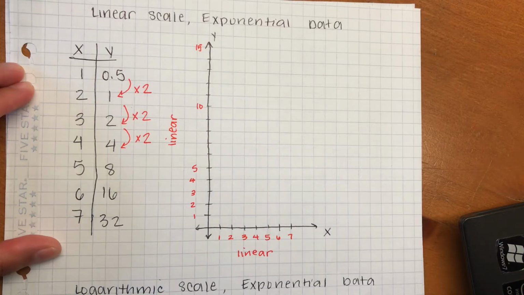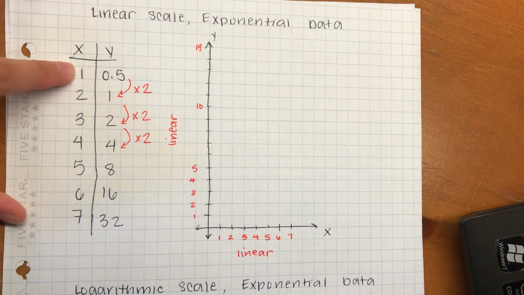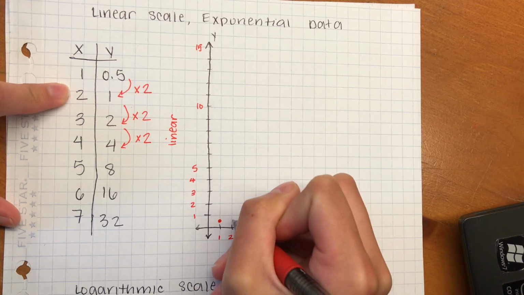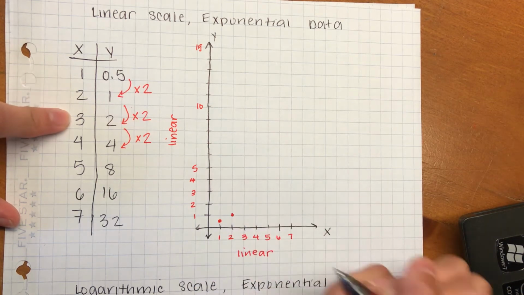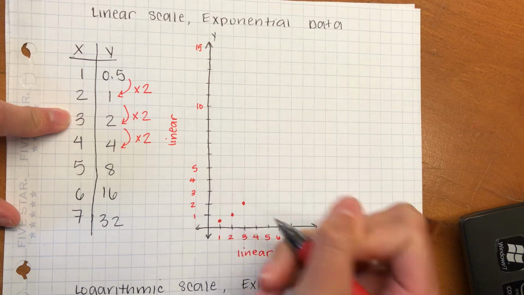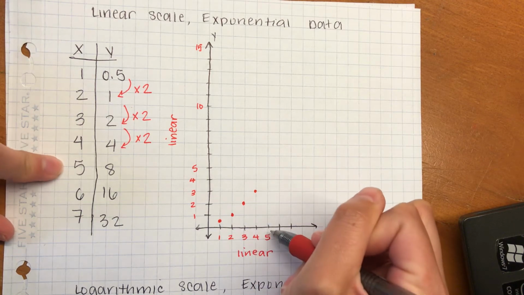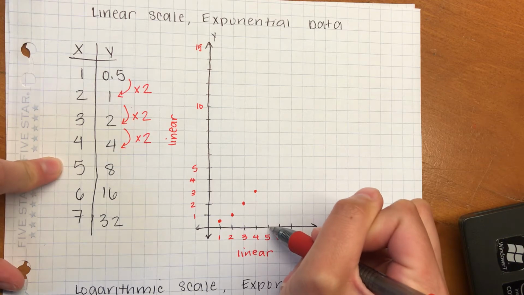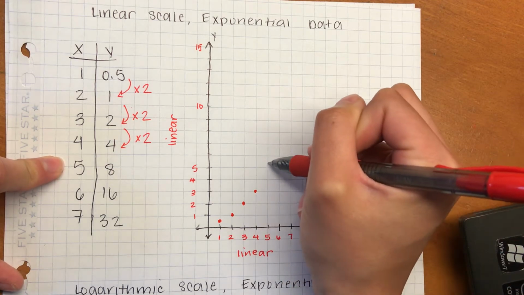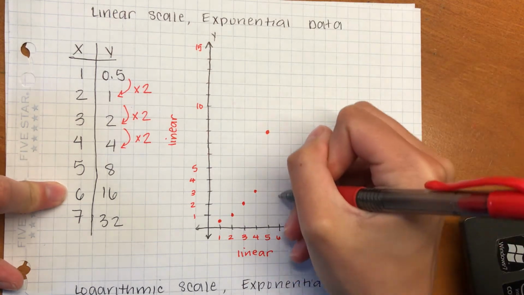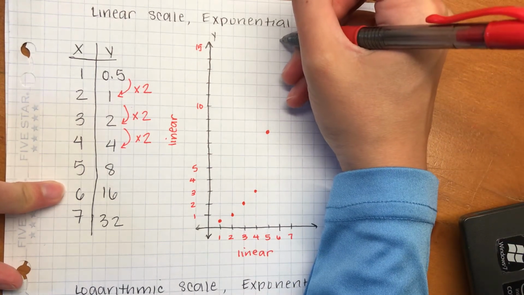Now I'm going to graph my points. My first point is 1, 0.5, then 2, 1, 3, 2, 4, 4. We're starting to see that exponential graph. 5, 8, 6, 16.